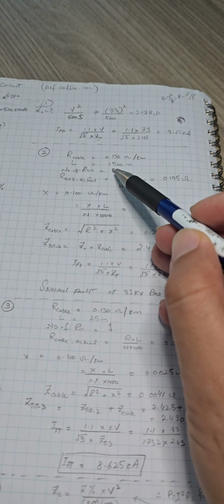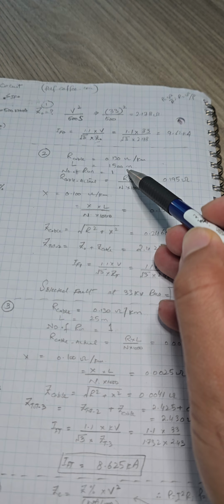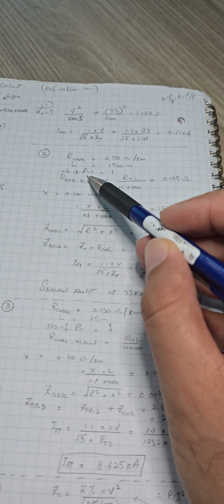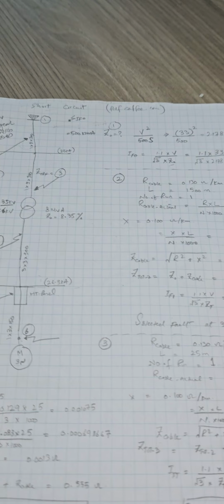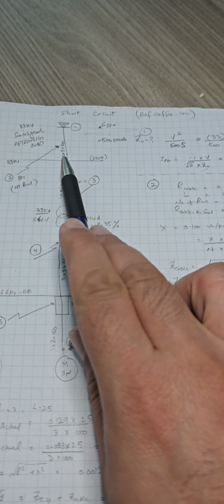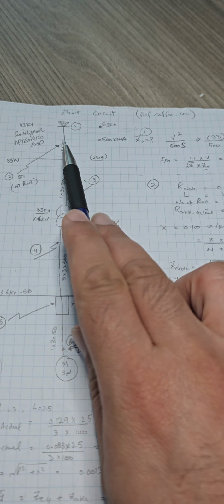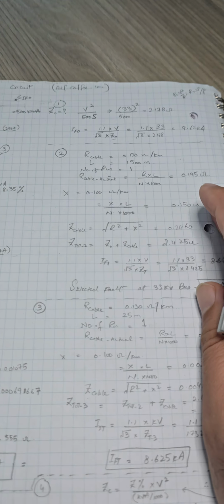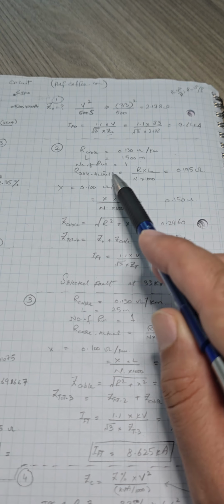Then we have the length, that is 1500 meters from grid to the bus bar. Number of runs is how many cables are running. So we have one cable. The 3 means we have one cable of 3 cores, but it's one cable. So the number of runs is one.